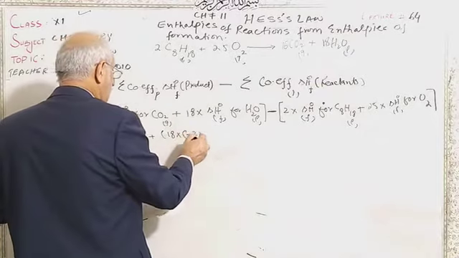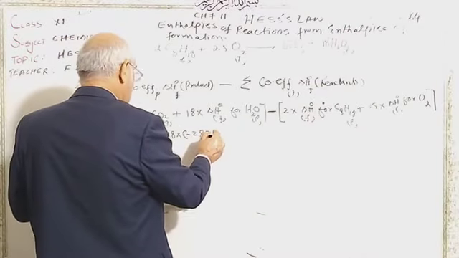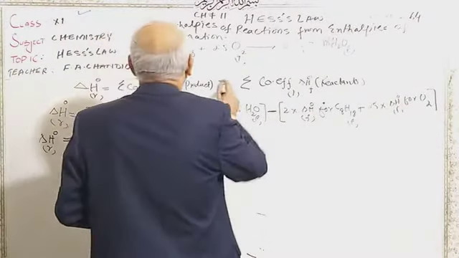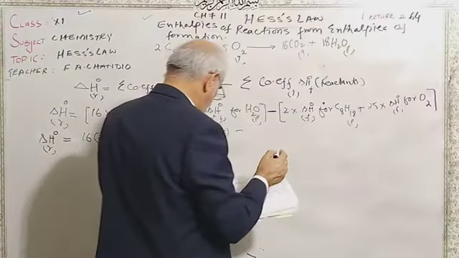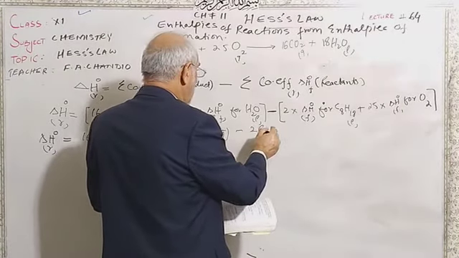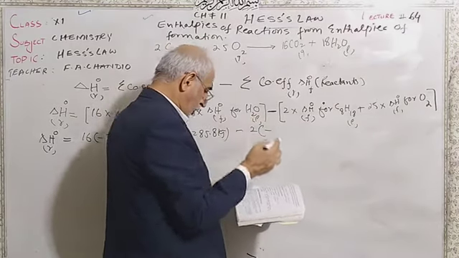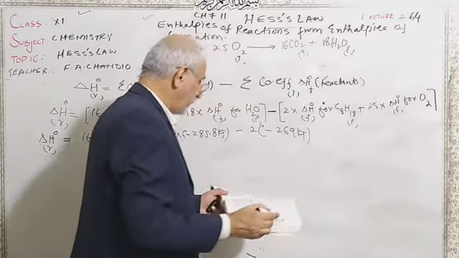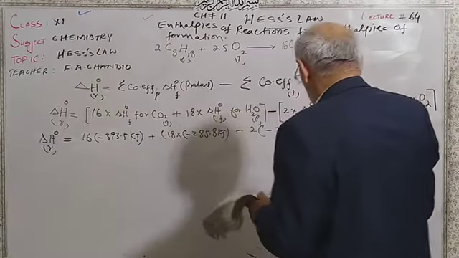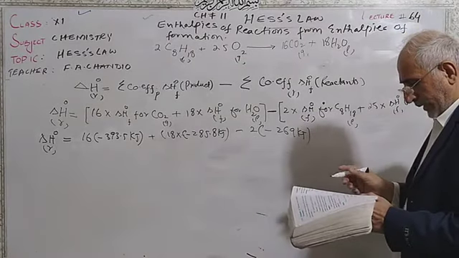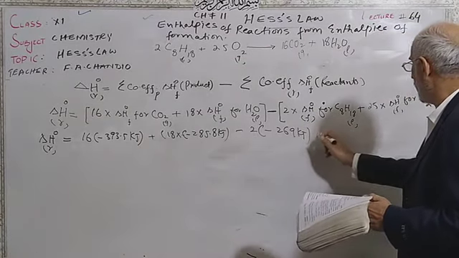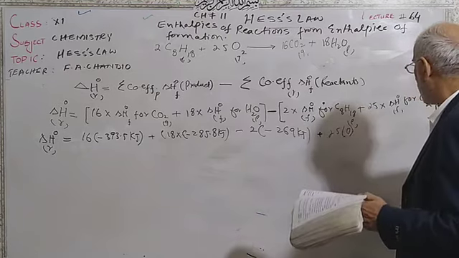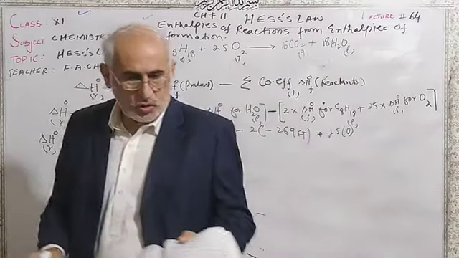Then the sign is minus, and there are 2 moles of octane, with the value for octane being minus 269 kilojoules. And the oxygen will be 0, like this.